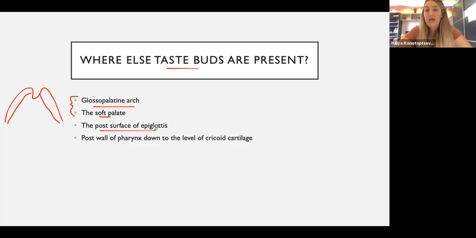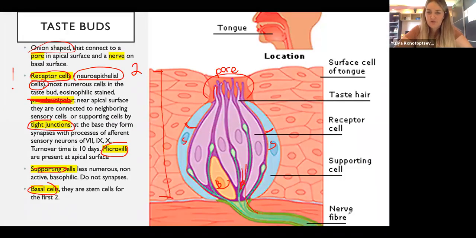Posterior surface of the epiglottis. So epiglottis is the flap that closes the trachea, right? And pharynx as well. So all of those places will also possess the taste buds. I forgot to ask you, which nerve is here? Because we said that receptor cells are sending neurotransmitter to a nerve, but to which nerve?